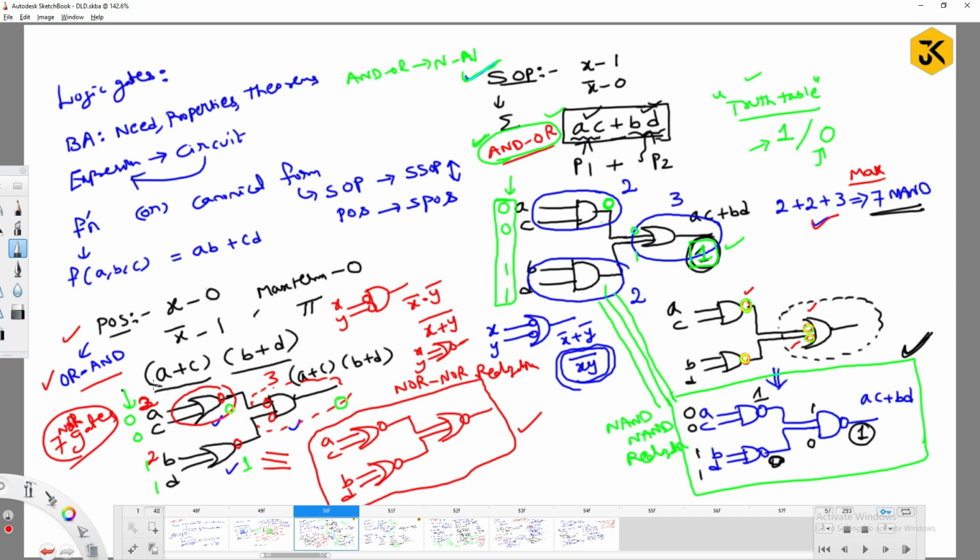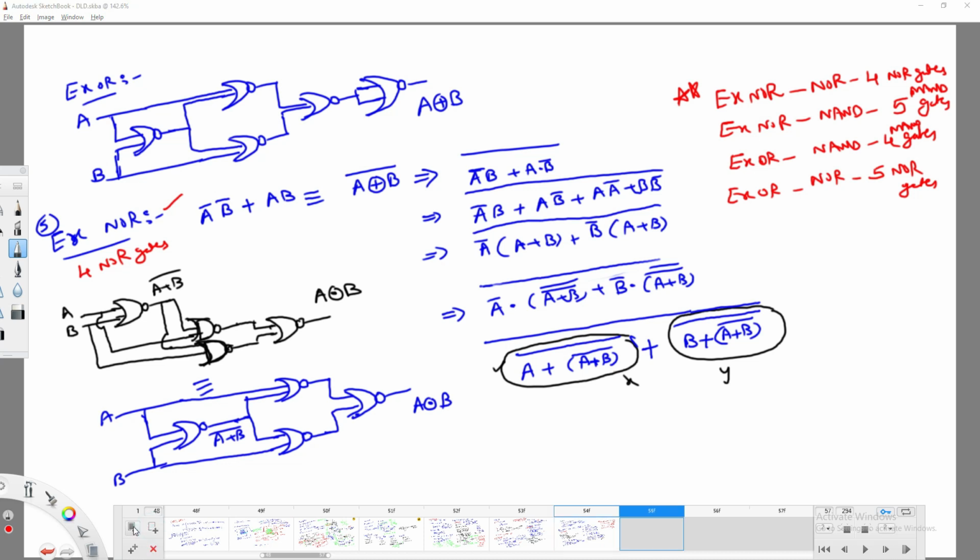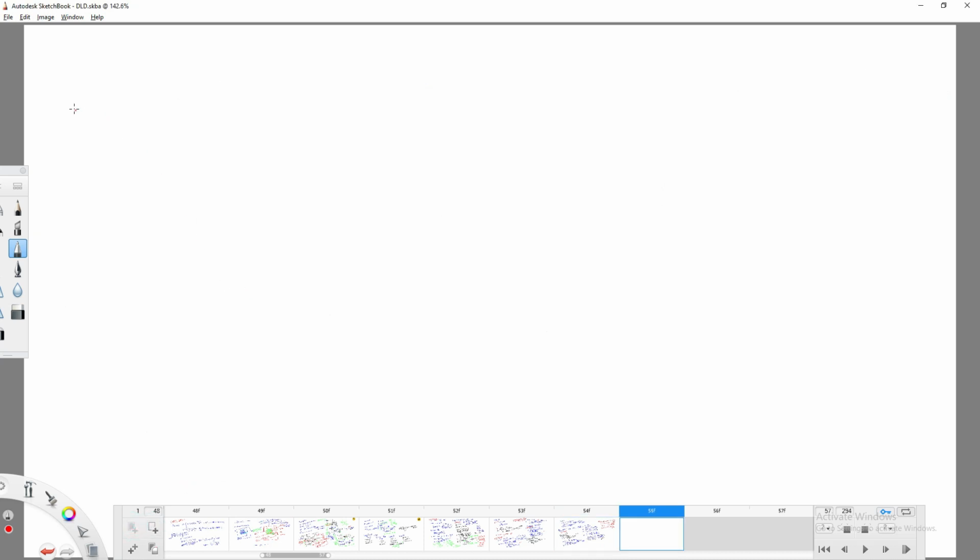So if you would like to convert the same OR and AND gate circuit into a NOR-NOR circuit, you can simply bubble the outputs of the OR gates and bubble the inputs of the AND gate. That's it. So this is the way you can implement NAND-NAND realization and NOR-NOR realization, right?